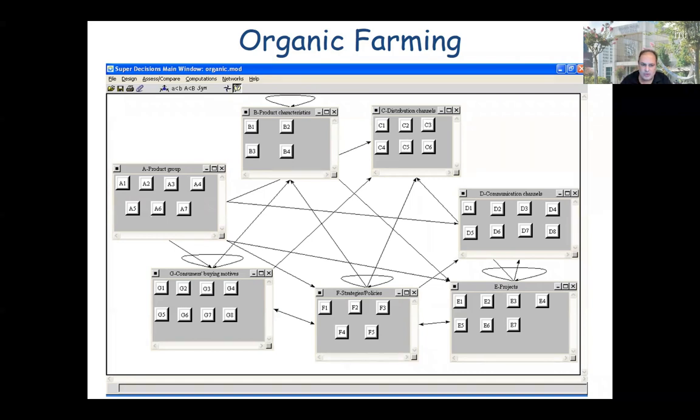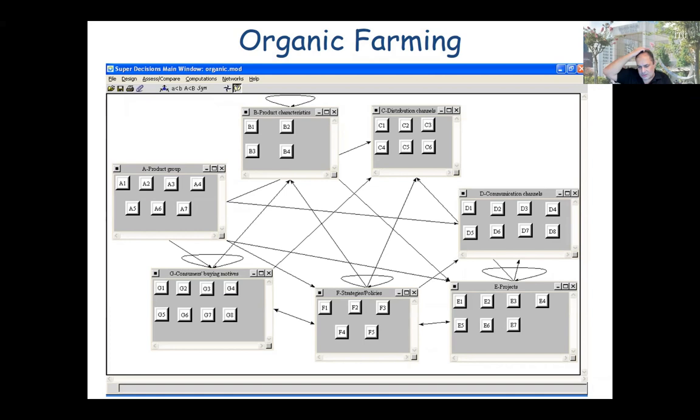We have product groups, product characteristics, distribution channels, communication channels, projects, strategies, policies, consumers' buying motives. We cannot see directly an alternatives cluster, but projects or strategies and policies can be regarded as an alternatives cluster here.